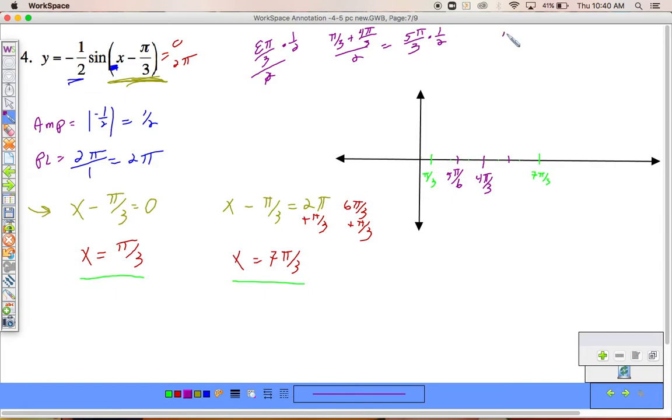And then I'm going to go 4 pi over 3 plus 11 pi over 3 divided by 2, 15 pi over 3 times a half, which is 15 pi over 6.